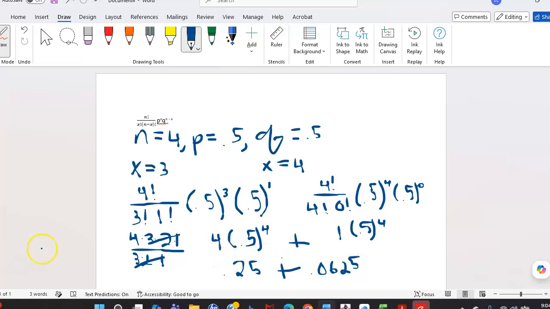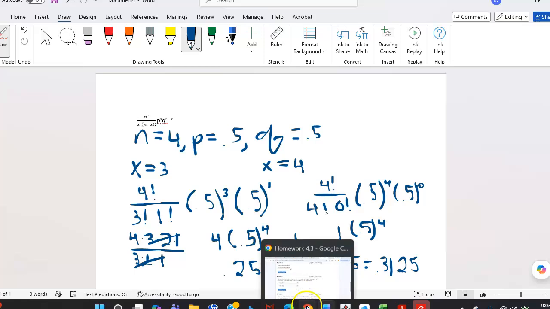And if I add both of those together, that ends up being 0.3125. Okay, so let's go to answering the second question. So our answer to this one is the probability 0.3125.